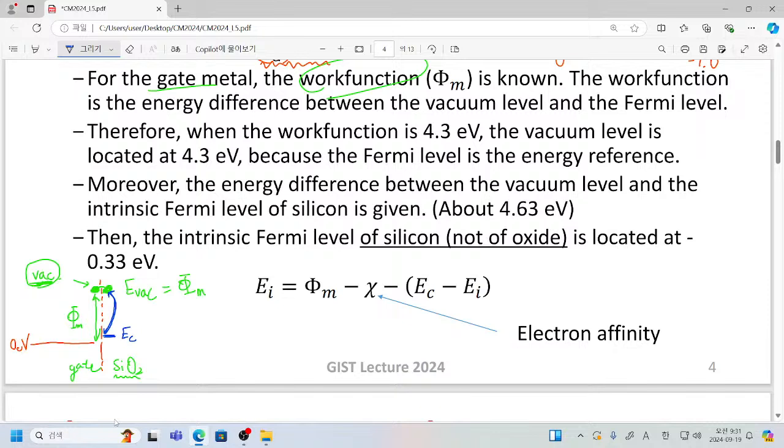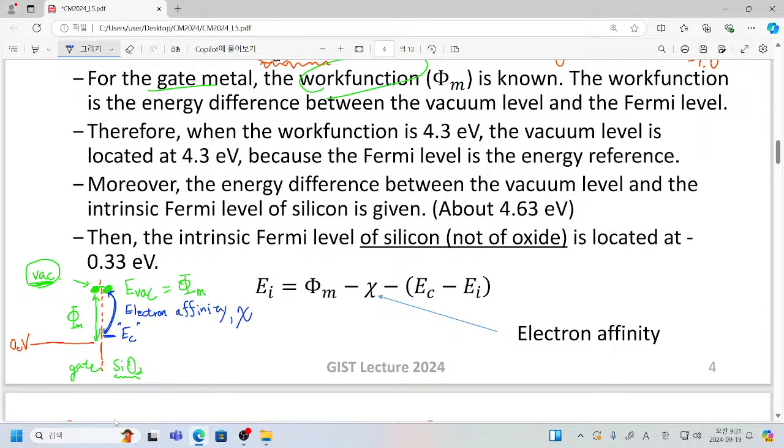What is the energetic difference between conduction band minimum and vacuum level for silicon? This number is known, and it is usually called electron affinity. Since the electron affinity of a silicon material is already known to us, it is usually written as chi.